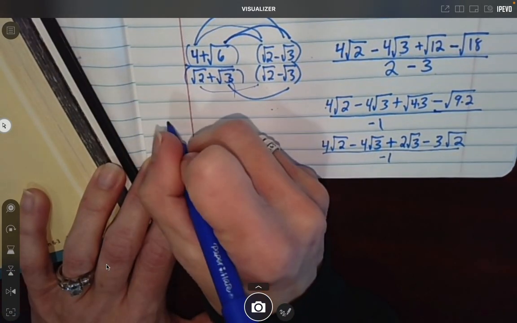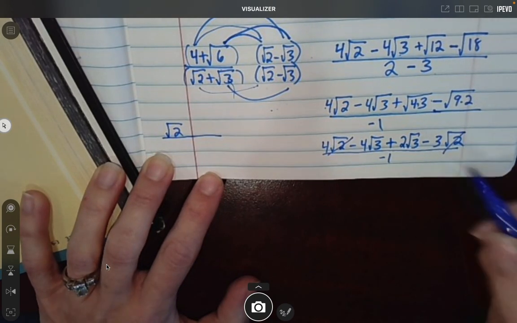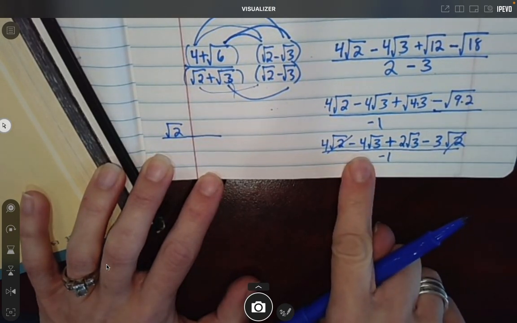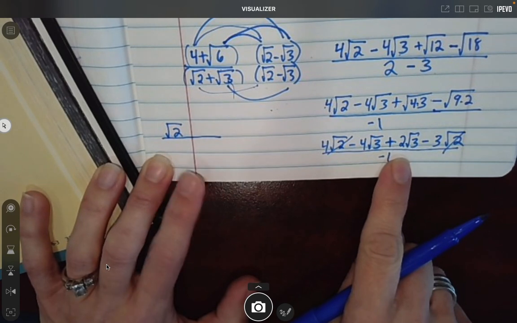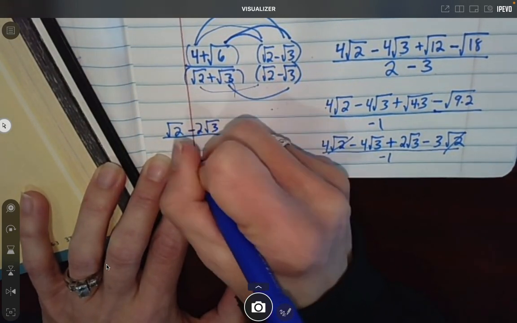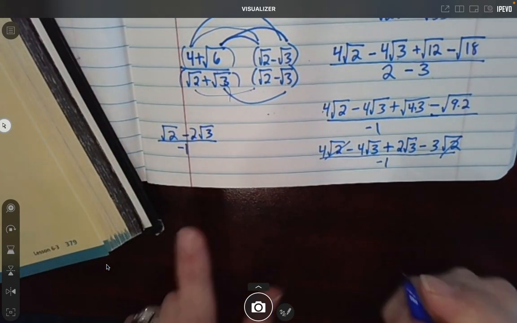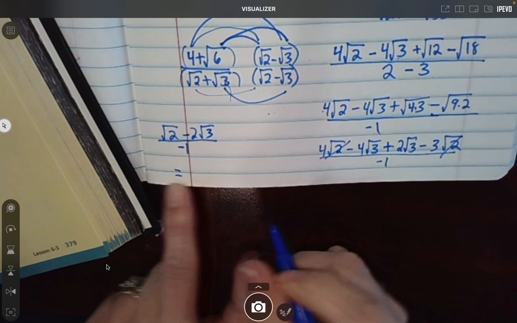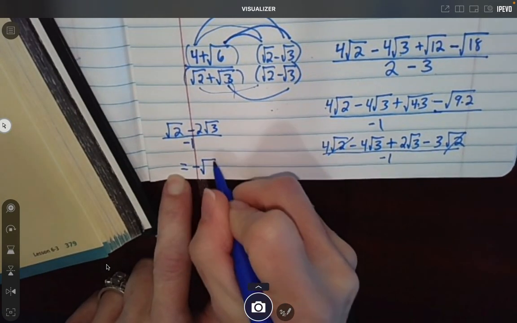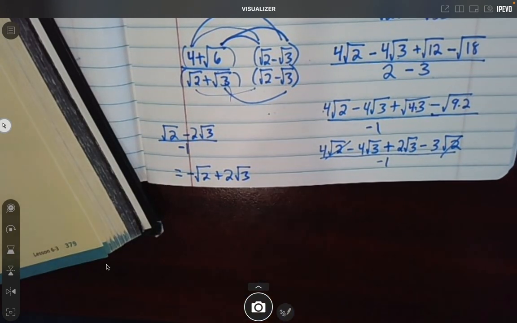I'm going to write it over here, y'all, and then I'm going to mark those off. What is negative 4 square root of 3 plus 2 square root of 3? Negative 2 square root of 3. But then I have to divide those by negative 1. So what does my answer end up being? Negative square root of 2 plus 2 square root of 3.